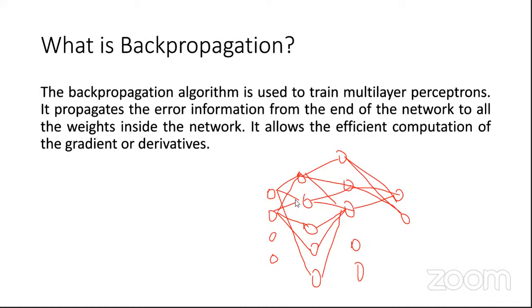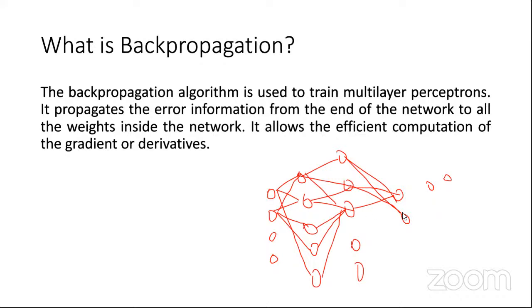What backpropagation does is propagate the error information. Whatever is predicted and whatever is actual, if we subtract these two, we get an error. This error information flows from one end to the other, from back to front.